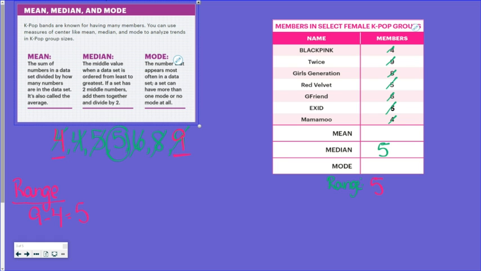For our mode, remember, we're looking for the one that happens the most. So median is middle, mode is the most. Let's look at our data set again.